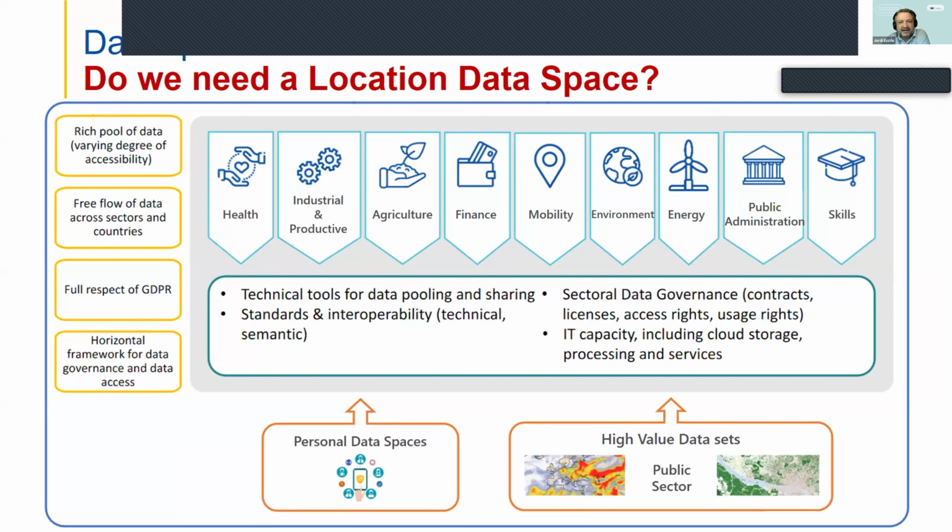But we cannot see here where location is placed, probably because it's everywhere. And it was also mentioned at the beginning of the session that these high-value datasets from the public sector are important in order to feed these data space sectors.